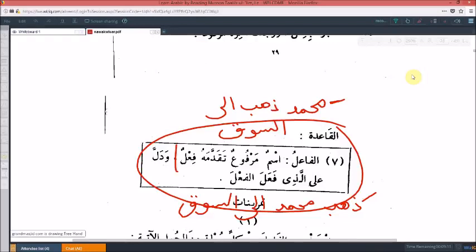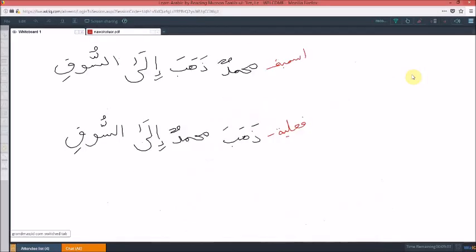Right here it says that. Right? Now, Muhammad is not preceded. It started with a noun. A jumla ismiya and a jumla fi'liya. They're made up of two different parts.